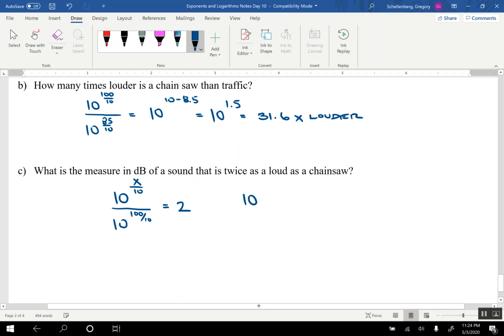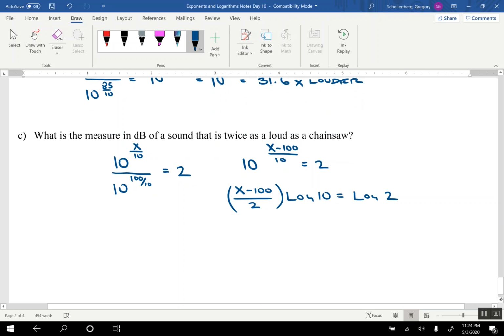Okay, so our next step here, we've got 10 to the power of x minus 100 all over 10 is equal to 2. We can log both sides here. We're going to get x minus 100 over 2 times the log of 10 is equal to the log of 2.